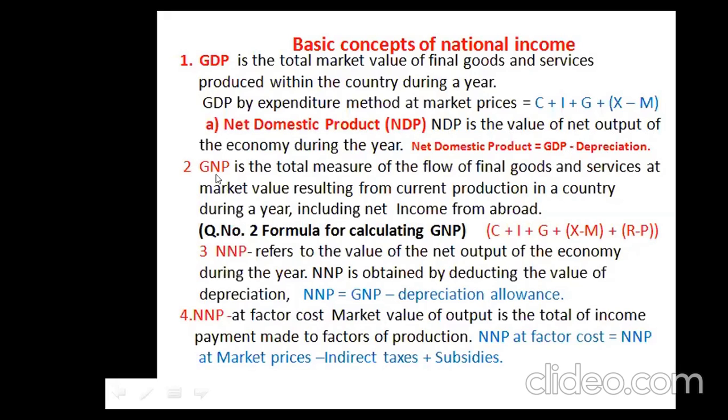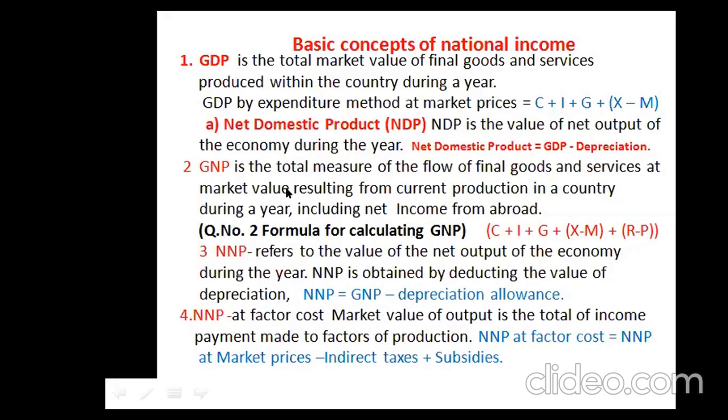Next is the GNP, gross national product. It is the total measure of the flow of final goods and services at market value resulting from current production in a country during a year, including net income from abroad.